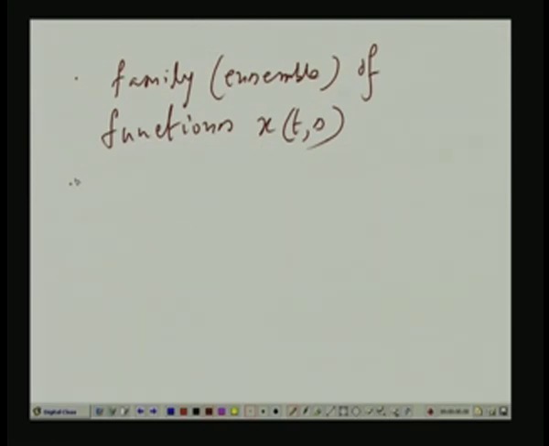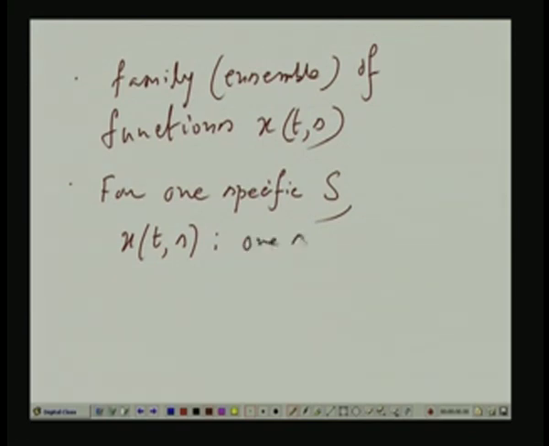Then, for one specific case, one single function.